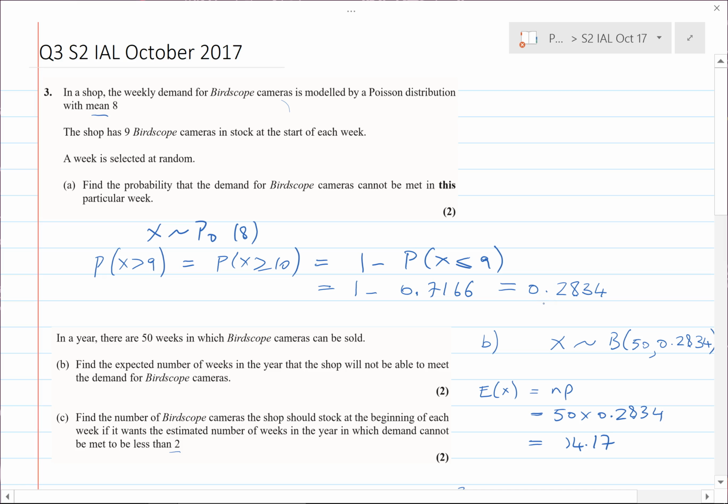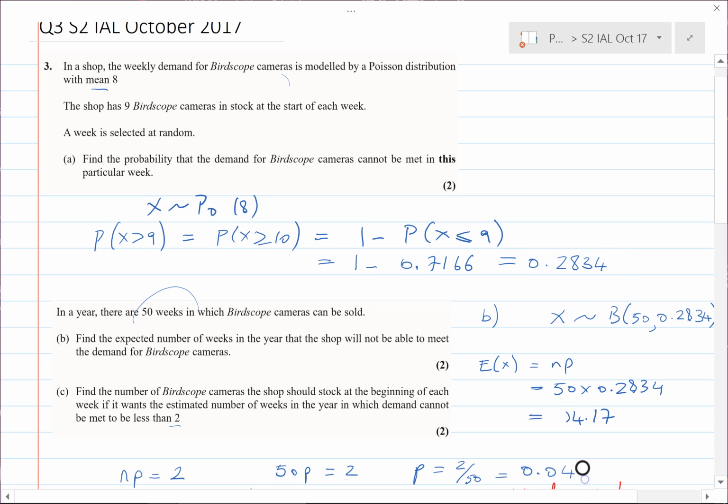Right, now question B, it says find the expected number of weeks that the shop will not be able to meet the demand for birdscope cameras if we've got 50 weeks. Well, now we've got a binomial of 50 with this number here.